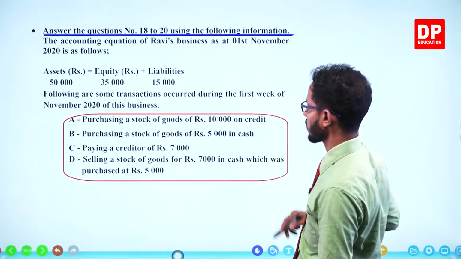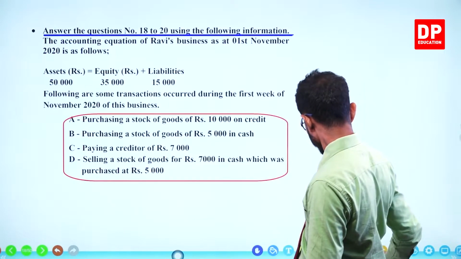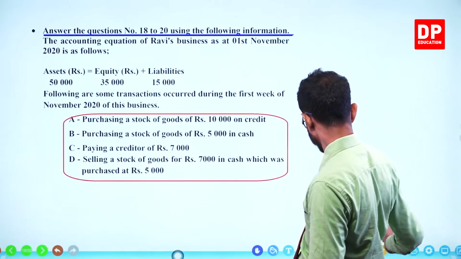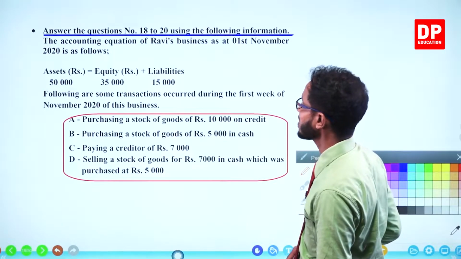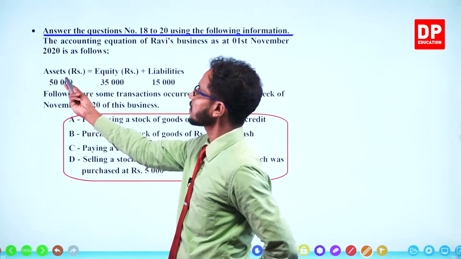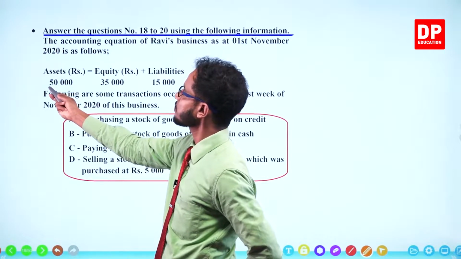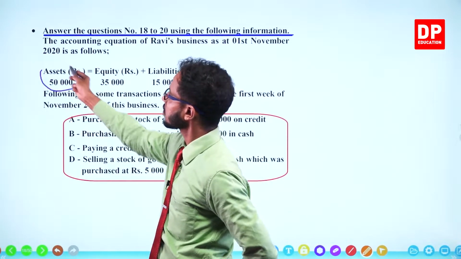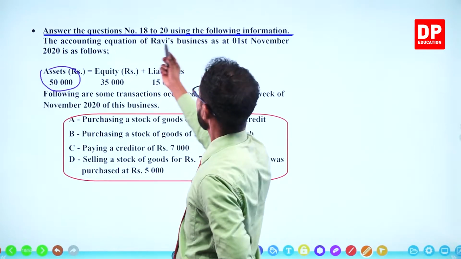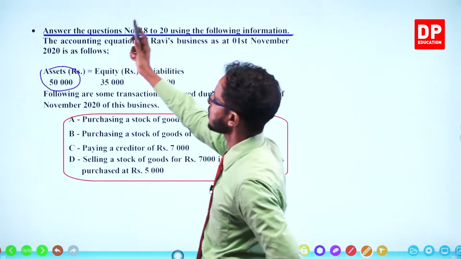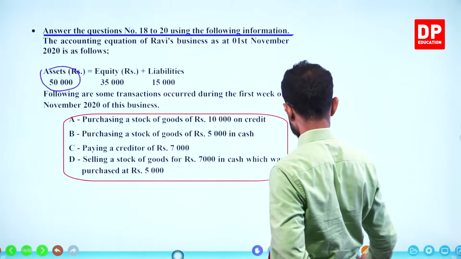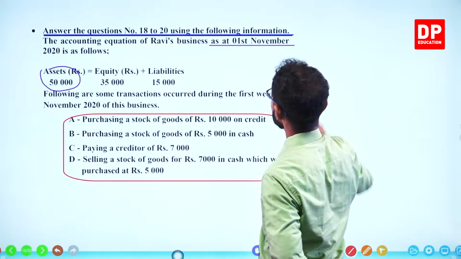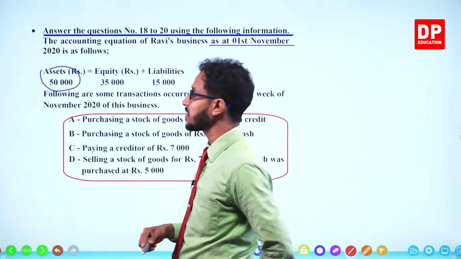What should we do now? We have assets of 50,000 as at 1st November, the beginning.